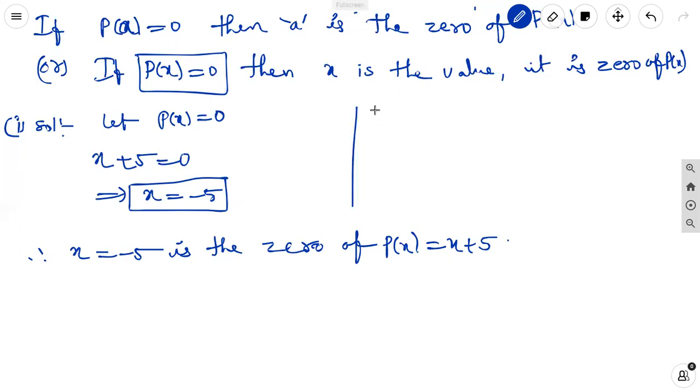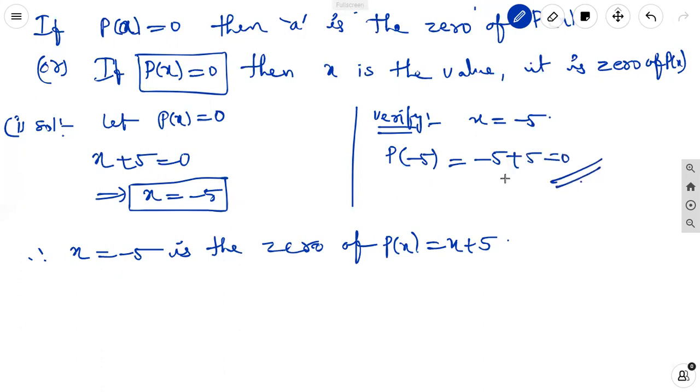Just to verify, put x equal to minus 5, then p of minus 5 equal to minus 5 plus 5, it is equal to 0. So, this is the 0 of the polynomial p of x. In this case, you just take p of x equal to 0, you are getting the x value. That value is the 0 of the given polynomial.